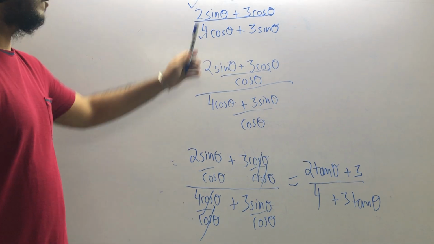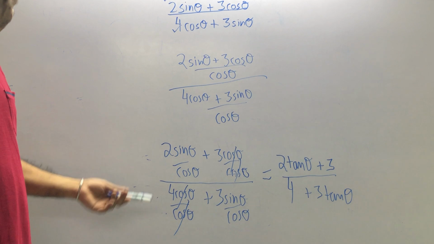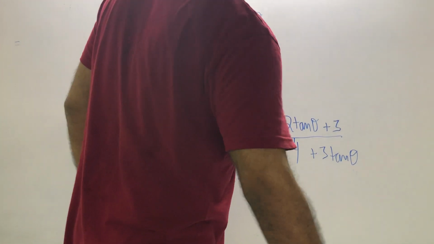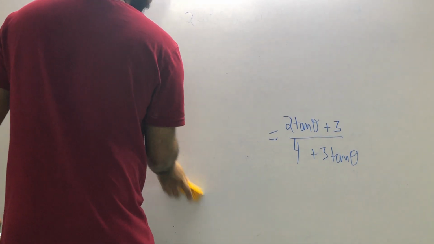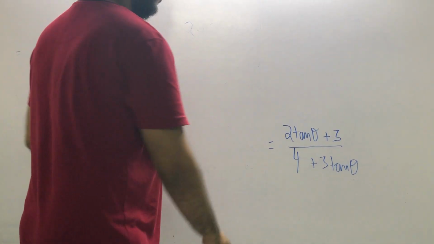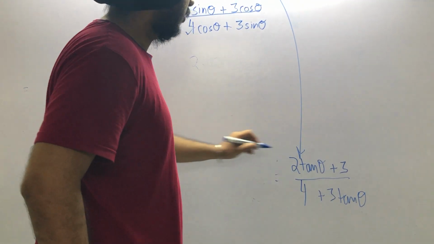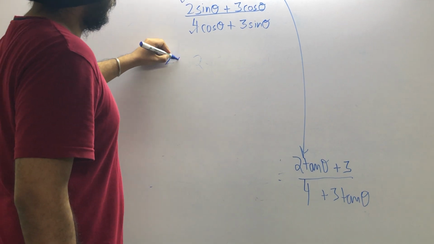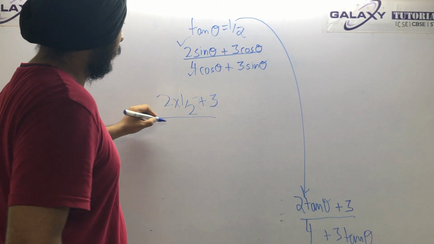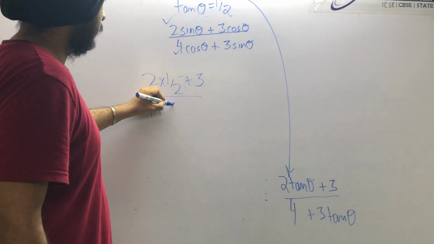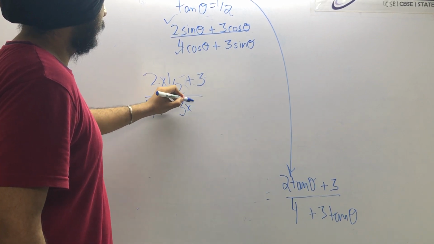Okay, all we have to do now is put the value 1 by 2 for tan theta. So now it's a very simple question. Just put the value here. What will you get? 2 into 1 by 2 plus 3 upon 4 plus 3 into 1 by 2.